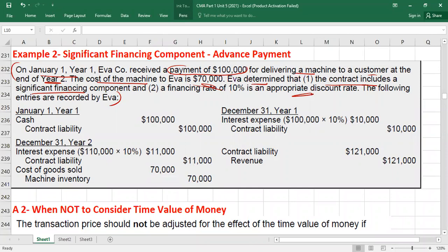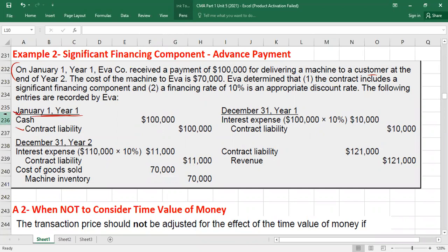The following entries should be recorded. What entries? Let's do it. Today, 1st January year 1, I need concentration, guys. Don't make it complicated, it's easy. At the start of year 1, you received cash in advance. So what entry will I pass? Debit cash, credit contract liability. I will not book credit loan payable.